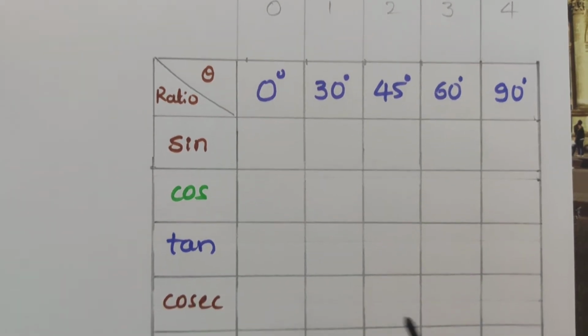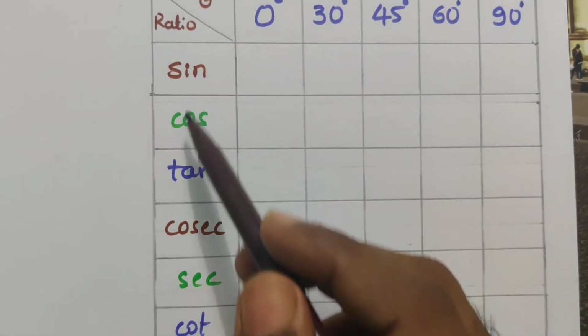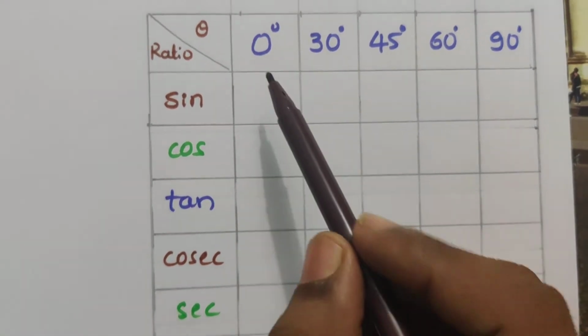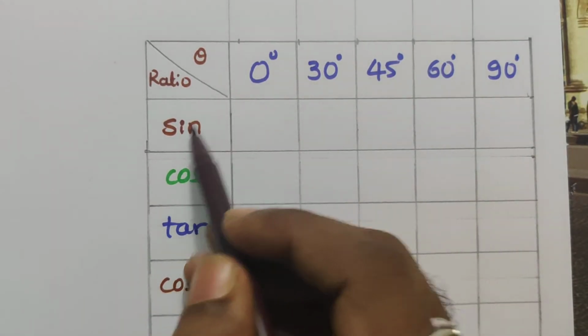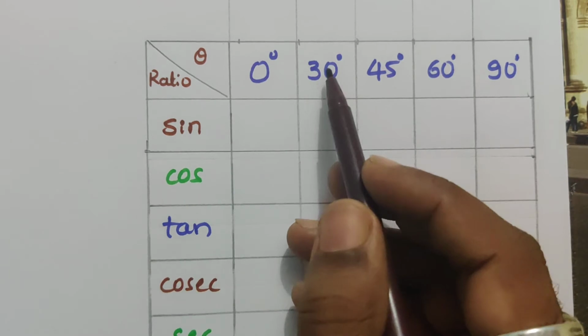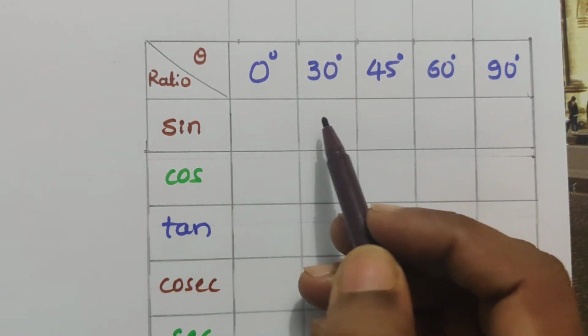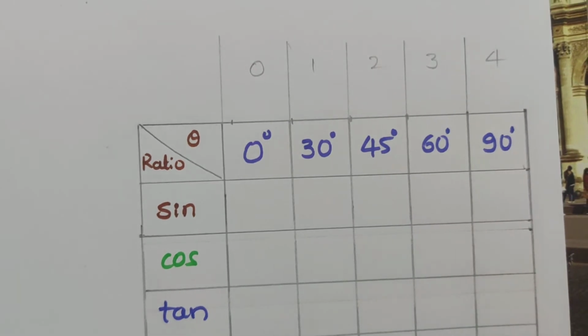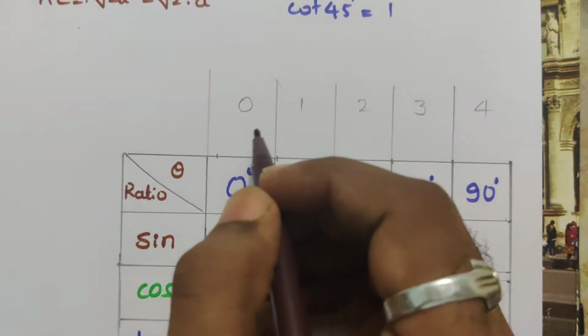See, what I have done here is, on one side I have taken all the 6 ratios, sine to cot, and on the other side I have taken the angles. So, for example, the sine 0 degree value will come here, the sine 30 degree value will come here, the sine 45 value here, and so on. First I will show you the easy way to remember all those 30 values.